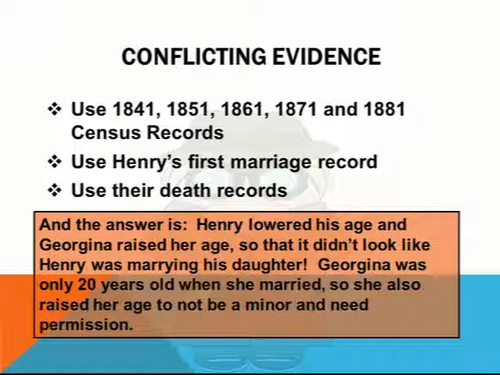Perhaps they were just like the Irish, who never seem to remember how old they are. But more likely, she did not want to have to get permission to marry if she said she was at least 21 years old. They probably also wanted to look closer in age.